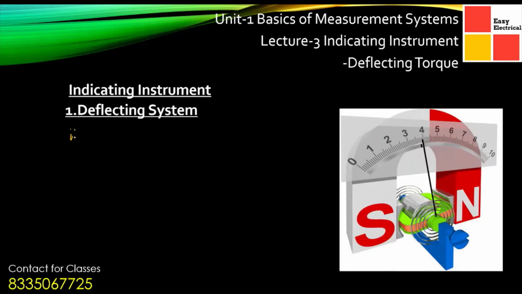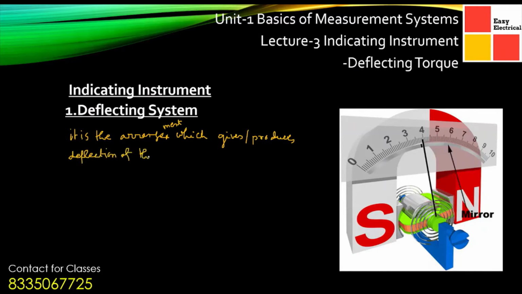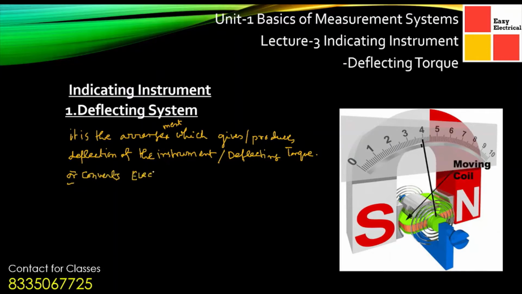So what is the deflecting system? It is the arrangement which produces deflection of the instrument, the deflecting torque, or converts electrical energy into mechanical energy.